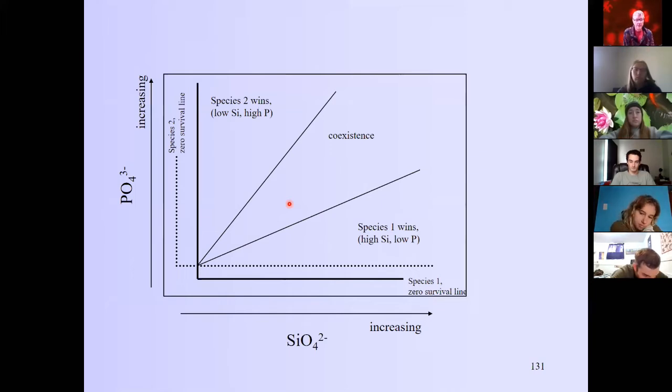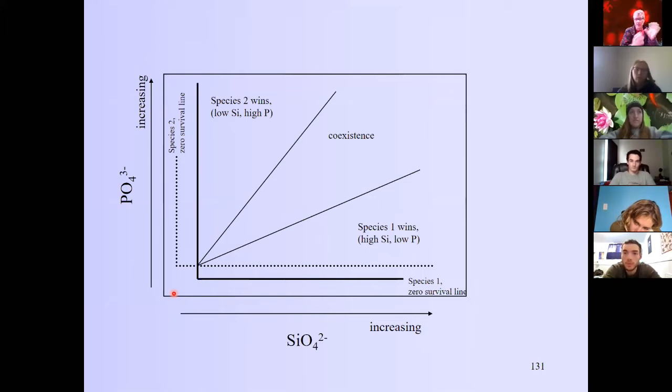And you can think about this in terms of the fact that there's nitrate and ammonium and sulfur and all kinds of things that species need: potassium, iron, molybdenum, some of them. And each of those might have its own axis, if you think about that. You can think of a third axis coming out towards us out of the screen, for nitrogen, like ammonium or something like that.